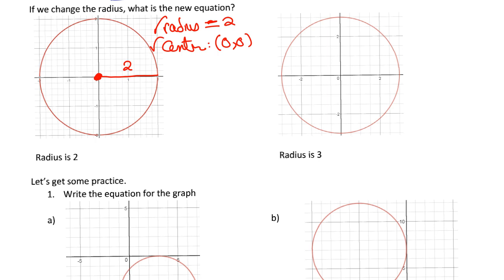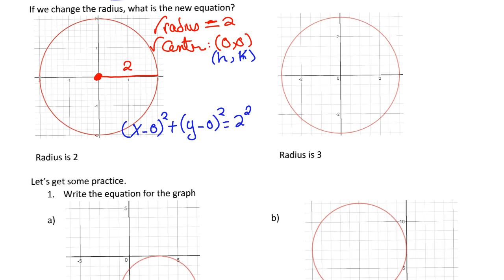So I'll write it down as x minus, this is h and k, so x minus h, my h value is 0, squared, plus y minus k, and your k is 0, equal to r squared, and your r is 2, so 2 squared. Let's simplify further.